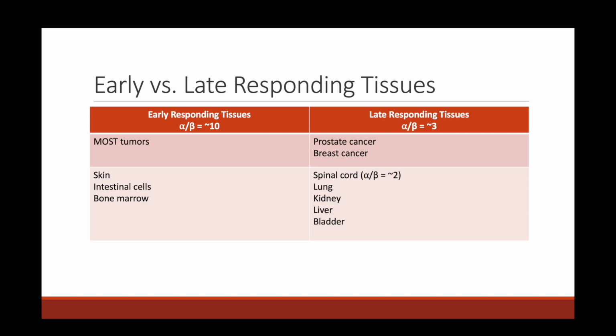Late responding tissues, again, you can see both acute and late with both of them. But keep in mind that the early responding and the late responding tissues is something separate. And again, I just want to reiterate that these are highly oversimplified estimates. You will see different studies that have more specific estimates for alpha beta ratio, but it's good to keep in mind, generally, we think of early responding tissues as having alpha beta of 10 and late as having an alpha beta ratio of around 3.